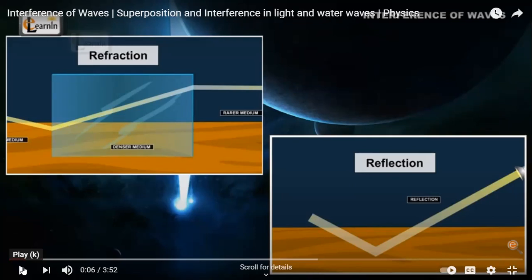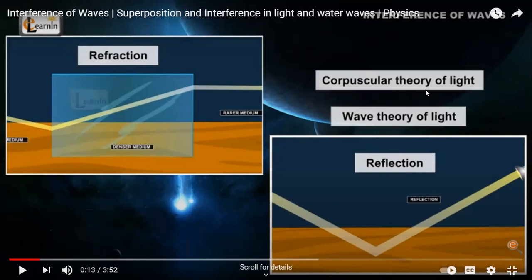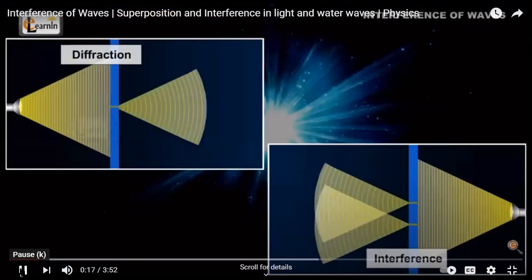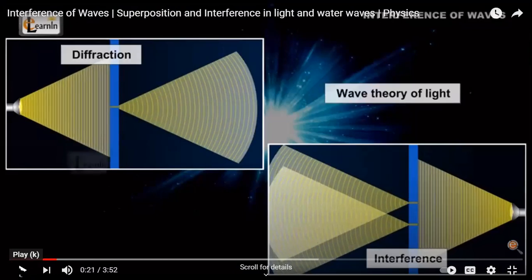So these are very basic properties of light. Two theories, corpuscular theory of light as well as wave theory of light, both were there. Of course, the corpuscular theory was later modified by quantum mechanics, which supports the particle nature of light.